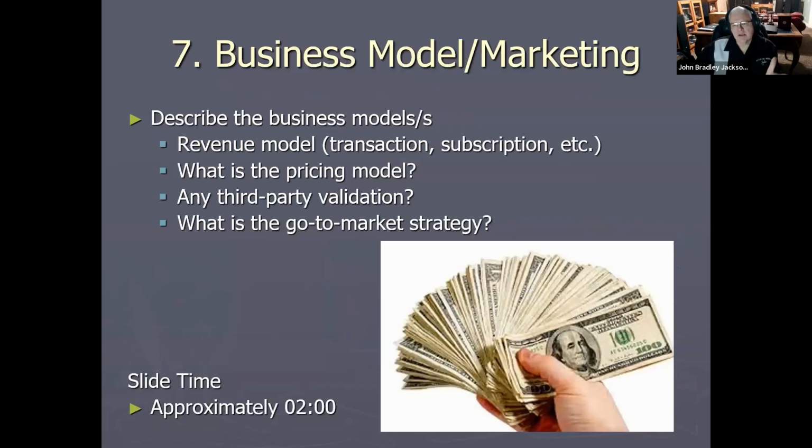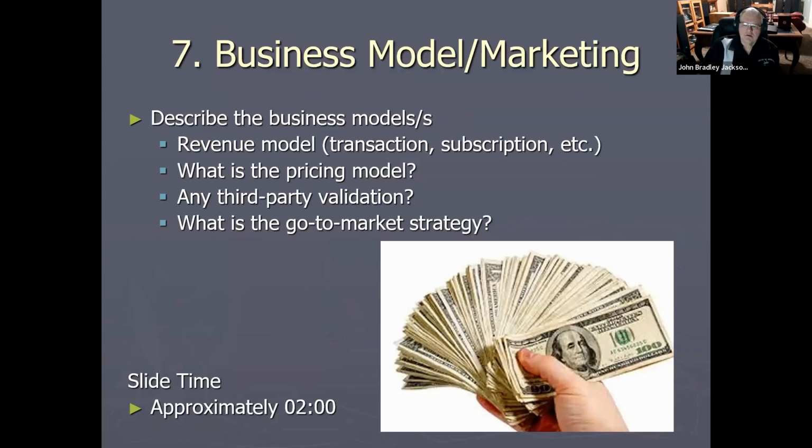Business model, marketing. Business model is a fancy term for how you're going to make money, right? The revenue model is how you sell stuff. It could be at 7-Eleven, it could be on Amazon, it could be at the swap meet. This is a chance also to talk about your pricing, third-party validation.